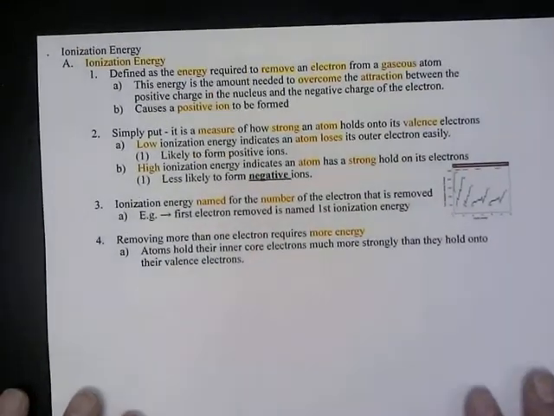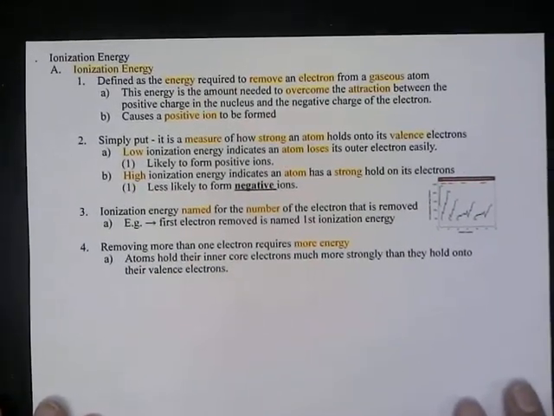All right, so we move to another item that we need to understand before we go through the trend, and that property is ionization energy. Ionization energy is the energy required to remove an electron from a gaseous state.